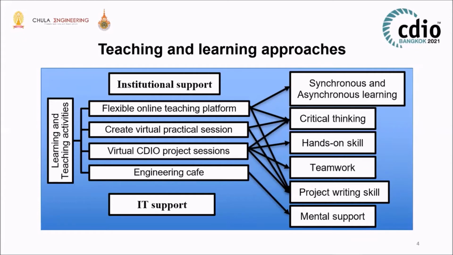For example, the flexible online learning platform helps them to benefit from synchronous and asynchronous learning, from critical thinking and from project writing skill. On the other hand, the virtual CDIO project session helps them to develop critical thinking, hands-on skill and teamwork.